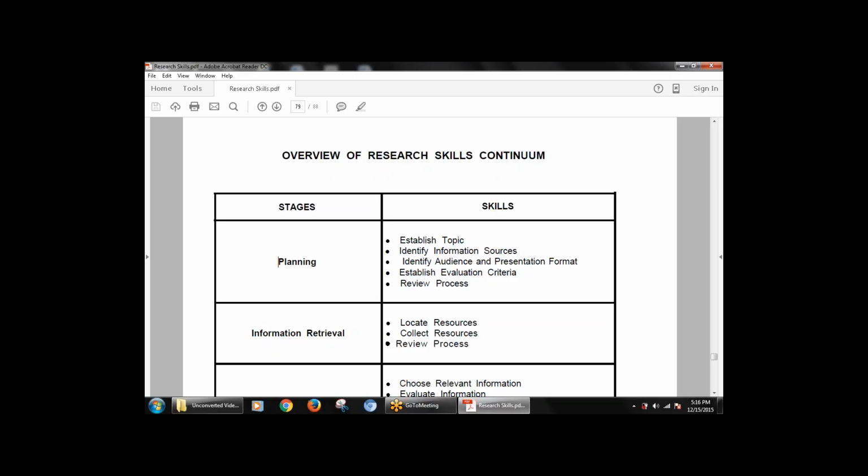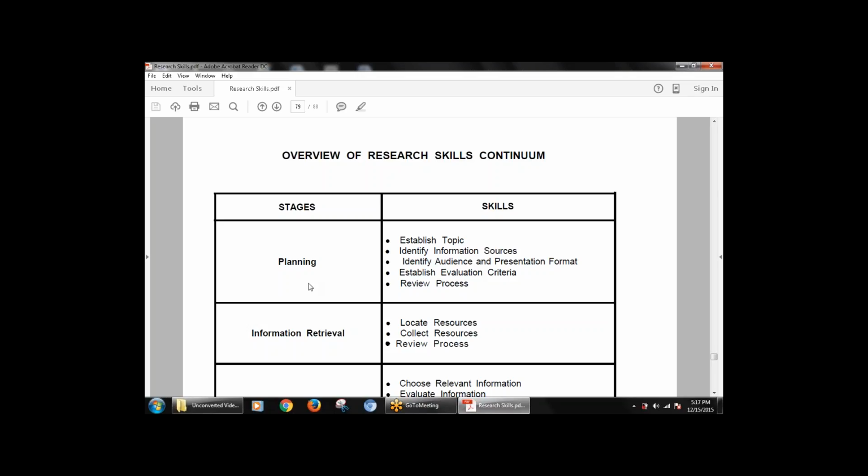The next is the review process, that is, review the various terms and stages, which is part of stage number 1, the planning. So the first stage identifies skills like establish topic, identify the information sources, identify the audience and presentation format, establish the evaluation criteria, then review process.